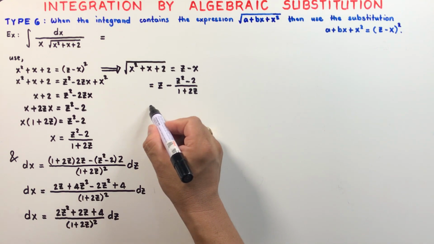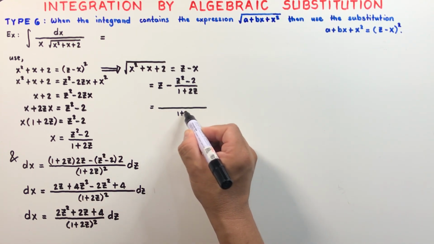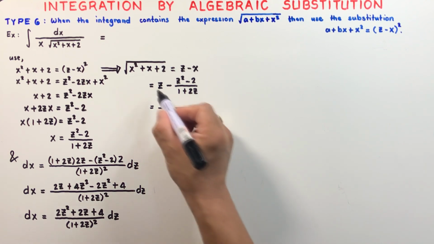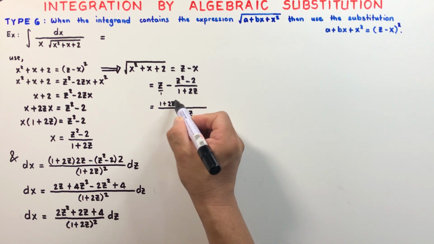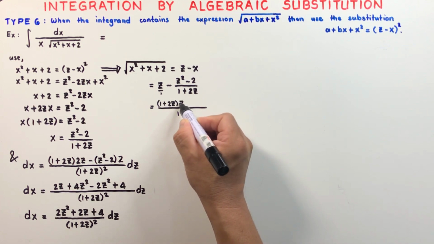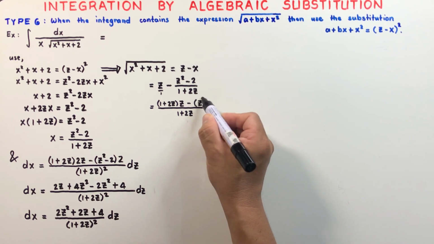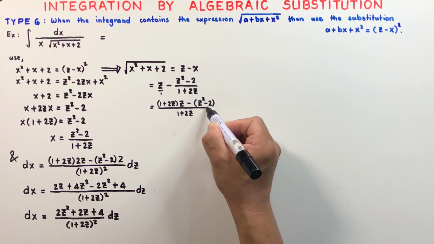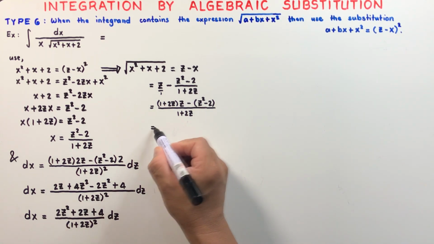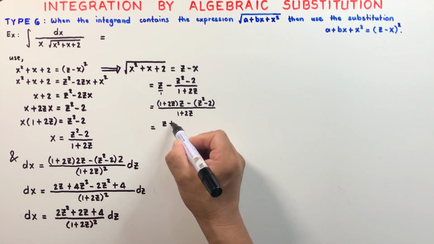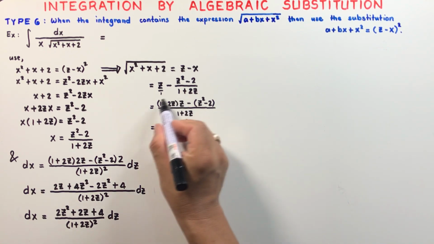And finding the LCD of these two terms, we have 1 plus 2z. When divided by 1, it's 1 plus 2z. So this is multiplied to the numerator of z minus the quantity of z squared minus 2 here. Now, removing the parenthesis, we have z plus 2z squared when you distribute the z to this binomial.